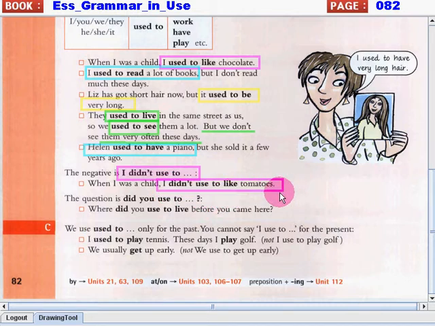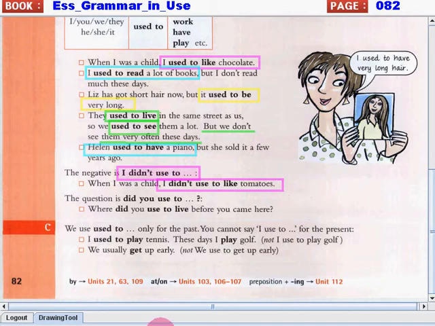When I was a child, I didn't used to like tomatoes. So here, as you can see, the structure is just the same. We just have to add the word not, just as with other negative sentences. But here, this is the opposite statement of the first one. When I was a child, I didn't used to like tomatoes, but now I like them.